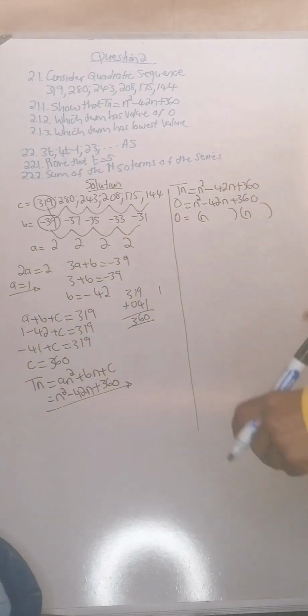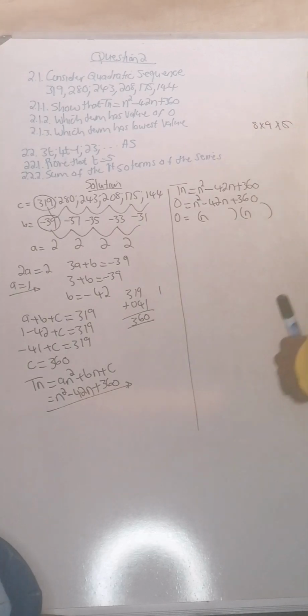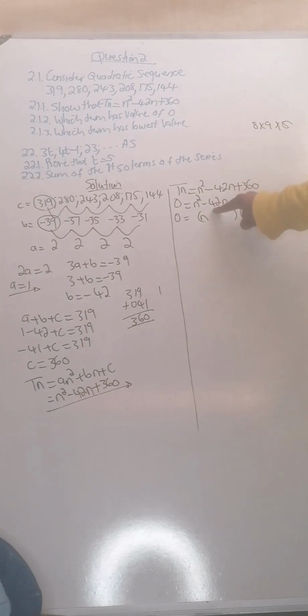n and n. How am I going to do this? I'm just going to use the calculator: 360, shift, and press factor. The prime factors of 360 are 8, 9 and 5. I need to find two numbers that, when I multiply them, I get 360, and when I add or subtract, I get 42.